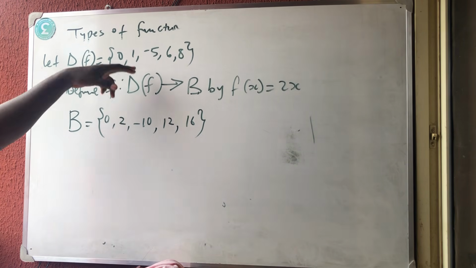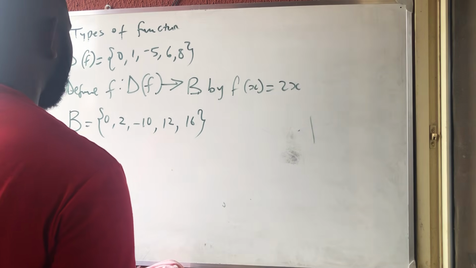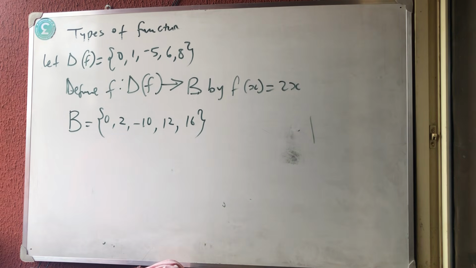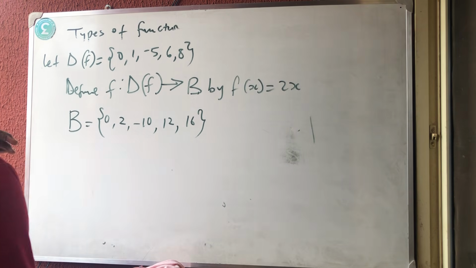No, because they didn't produce one single thing, so it is not a constant function. Can you call it an onto function? You can call it an onto function because they didn't tell us the possible things we are to produce. So let's now think that the possible thing to produce is still the same B. That is when it can be called the onto function.